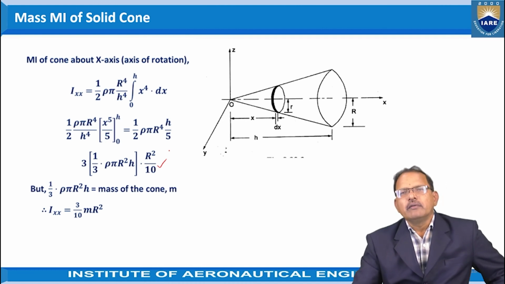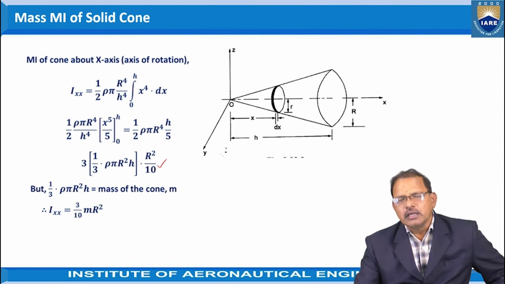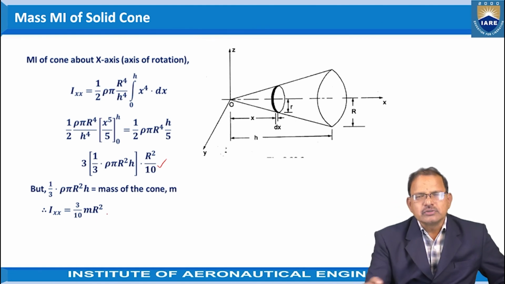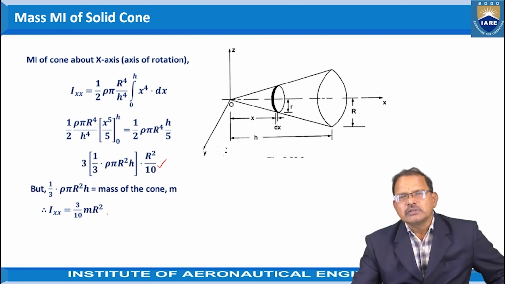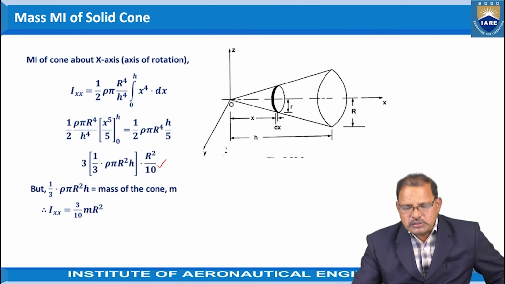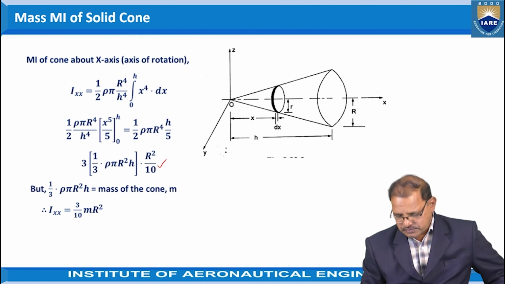So here 1 by 3 pi r square h is representing the volume of the cone. Rho, when we multiply, gives the mass. Hence it is equal to 3 into mass into r square by 10. So Ix is equal to 3 by 10 into mr square. This is the mass moment of inertia of the right circular cone about its axis, that is the axis of rotation.